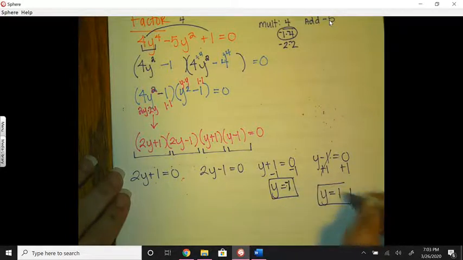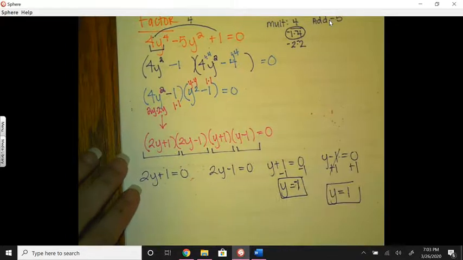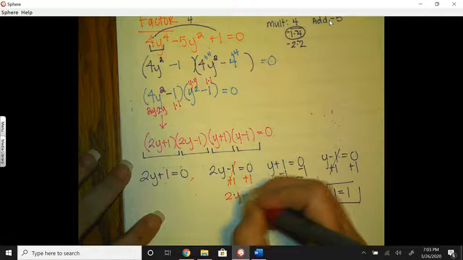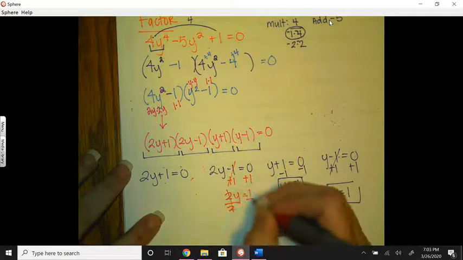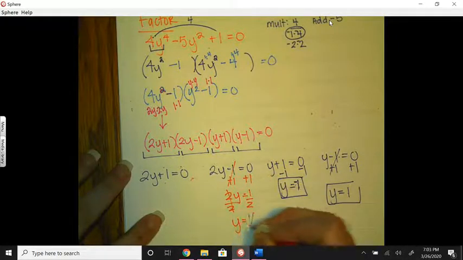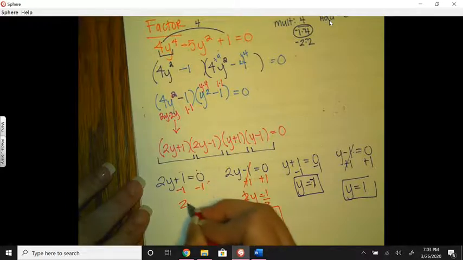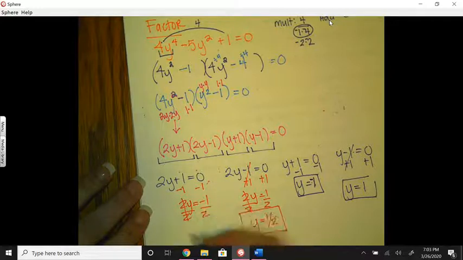We get 1 as a solution, negative 1 as a solution, 1/2 as a solution, and negative 1/2 as a solution.